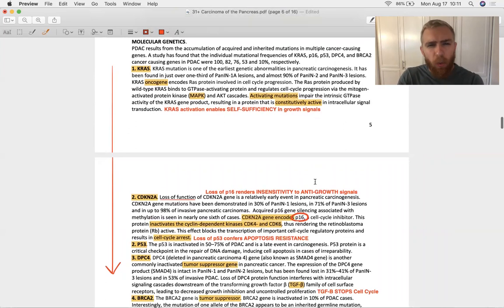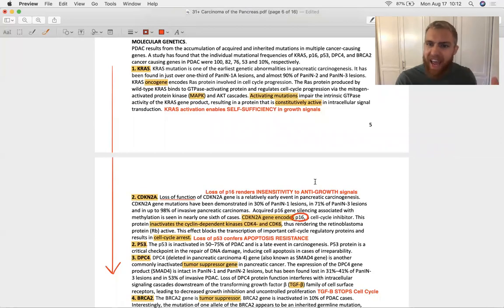So we said we start with KRAS, which is an oncogene, meaning that there's going to be a gain of function mutation in KRAS. That's carcinogenic. KRAS binds to a GTPase to activate the MAP kinase pathway, and that stands for mitogen activated protein kinase. So a mitogen is anything that puts the cell into mitosis, okay?